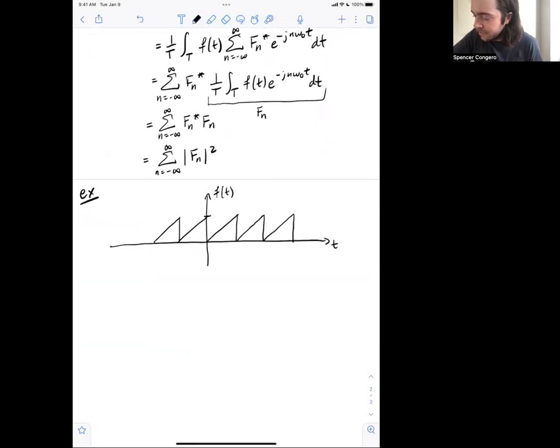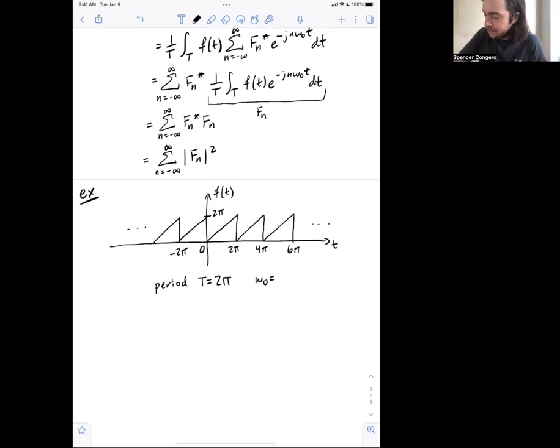The previous one had 1s there, but this one is going to have 2 pi. And there's a reason for this. Of course, it repeats. We can see here that the period is 2 pi. And so omega naught is 2 pi over the period, which is just 1.